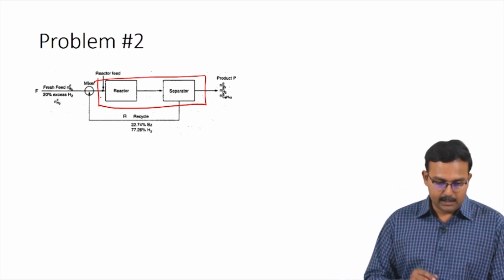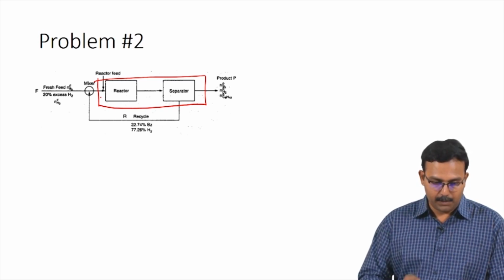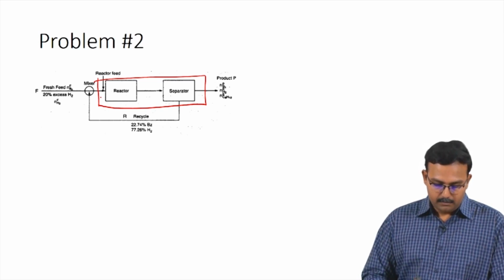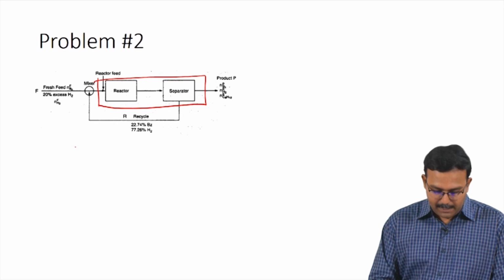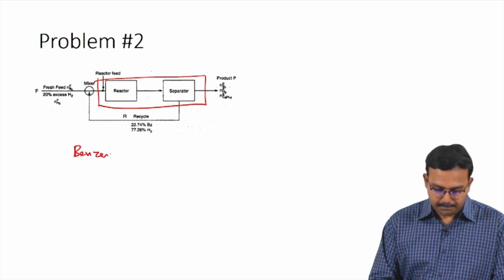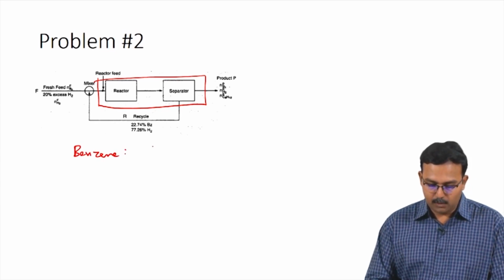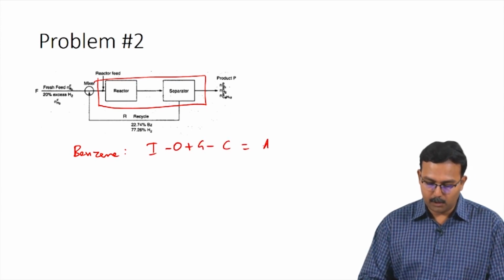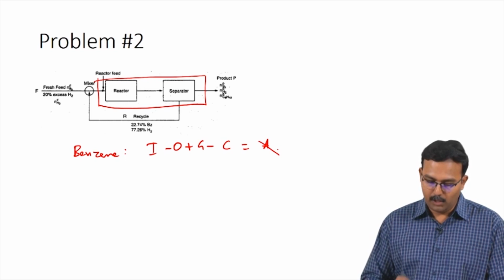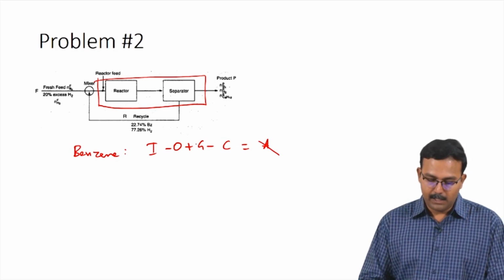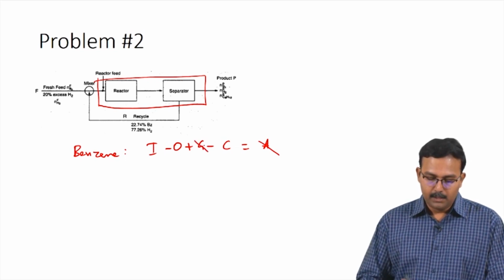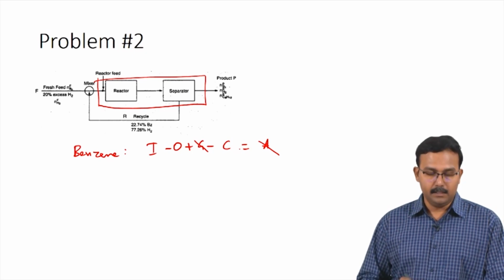Let us try to write the balance equation for this particular system. If we were to write a benzene balance for this system, the benzene balance would be input minus output plus generation minus consumption equals accumulation. At steady state there is no accumulation, benzene is being consumed, not generated. You have benzene leaving and entering the system.